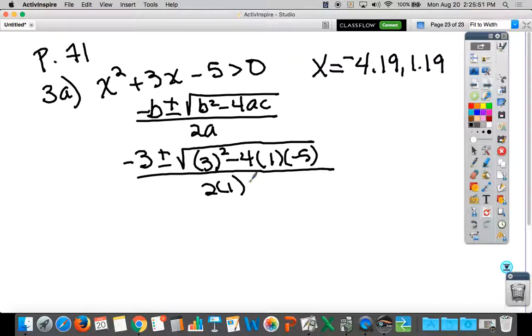Quadratic formulas will solve any quadratics. Now, because this is not going to come out to be a nice, neat little number, we know it's not, take your calculators and do that part only. Leave off the square root.